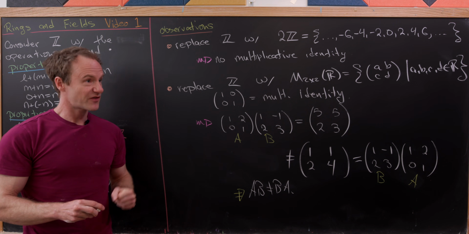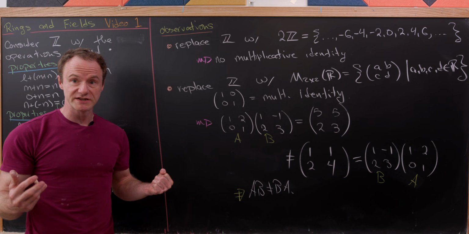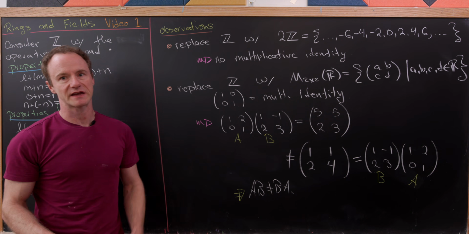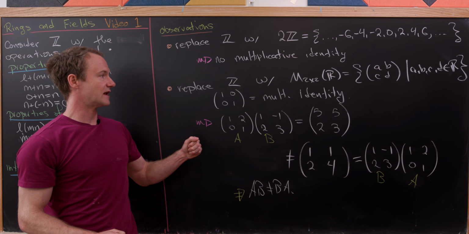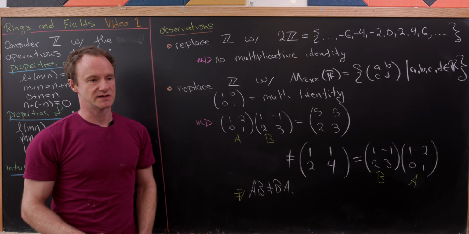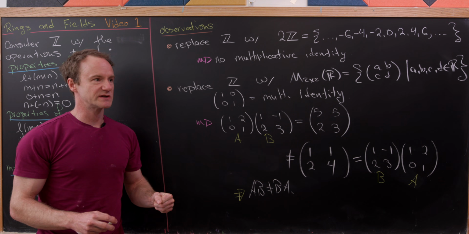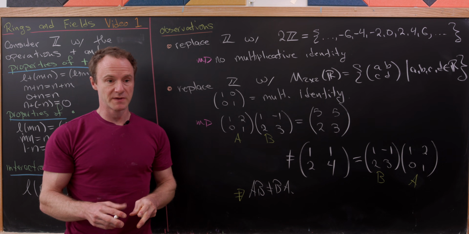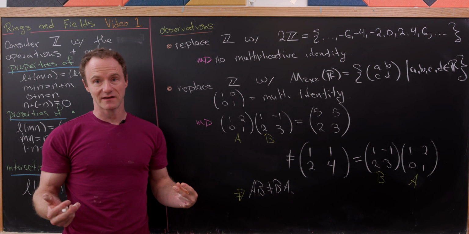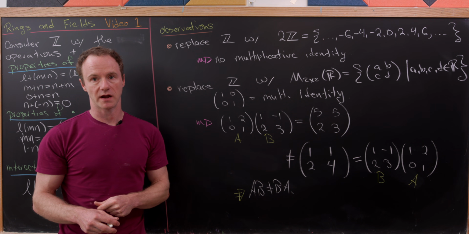And I'd like to think that these three structures that we've looked at are fairly natural: all integers, even integers, and these 2 by 2 matrices. So what we want to do is look at the properties that are satisfied by all three of them, and we'll abstract that into this thing that we'll call a ring.